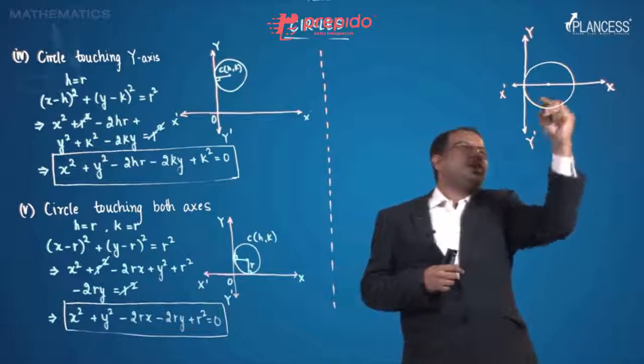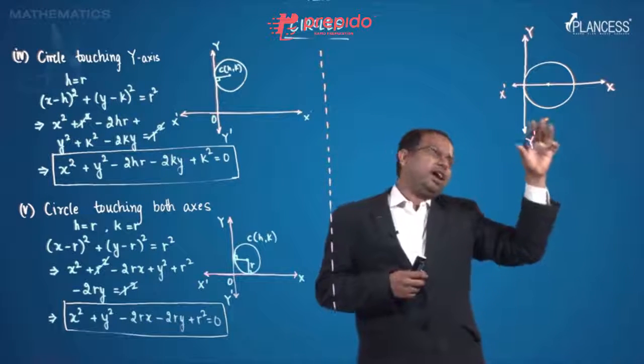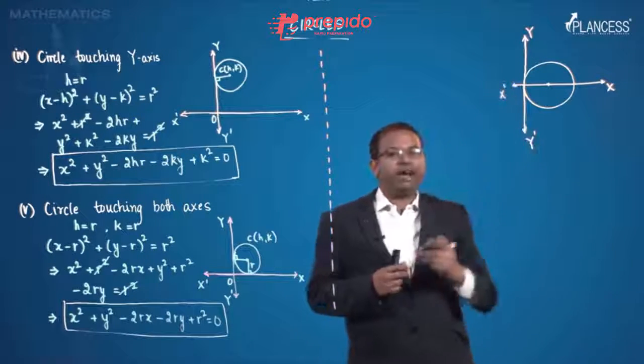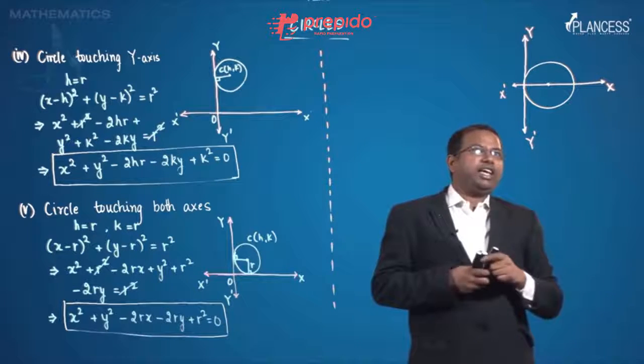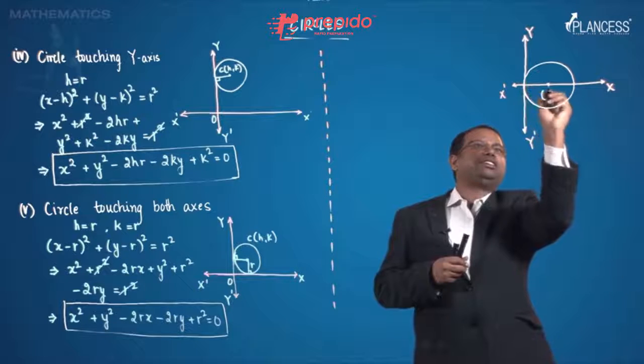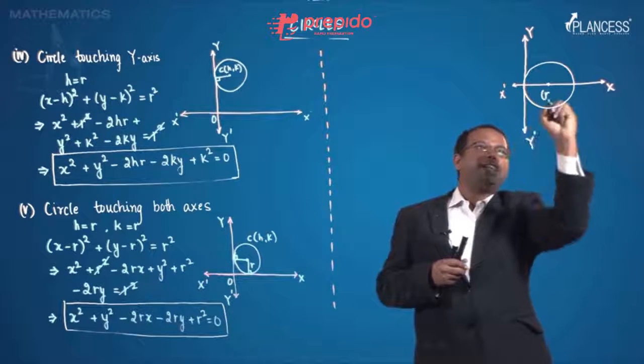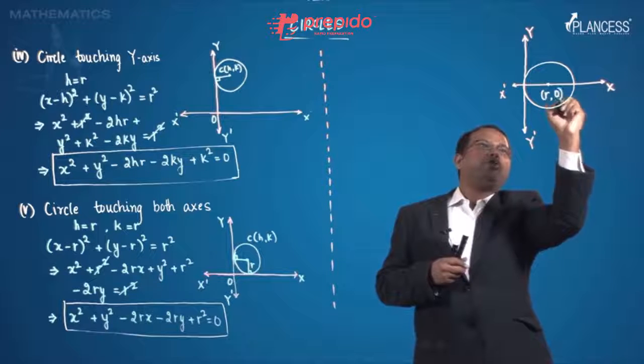Now here the center of the circle is lying on the x-axis and it is touching the y-axis. So this point easily we can figure out will be nothing but this distance, the distance of the center from the origin will be equal to the radius, and the y coordinate will be 0.